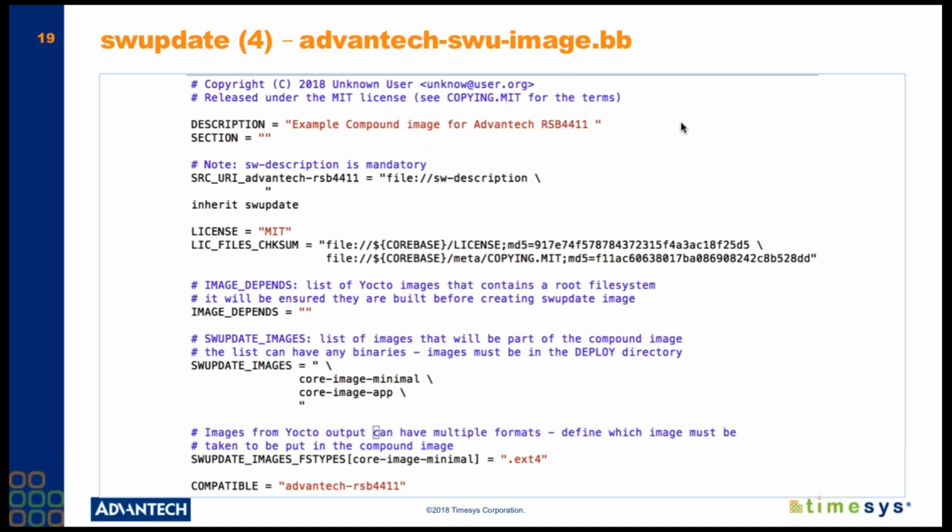And you can see here that there is a reference to the software description that is very specific to this device. And down below under SWUpdate images, you have links to different types of images that are going to be part of the update file. So I can update not one, but multiple partitions with different root file systems if I choose so.